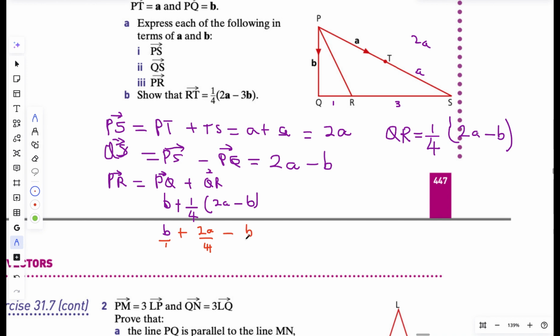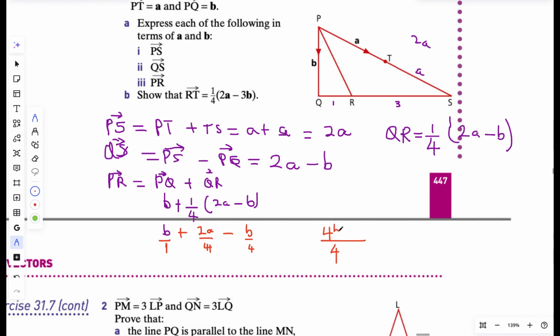What's the LCM of 1 and 4? LCM will be 4, right? 4 divided by 1 we get 4. 4 times B we get 4B.